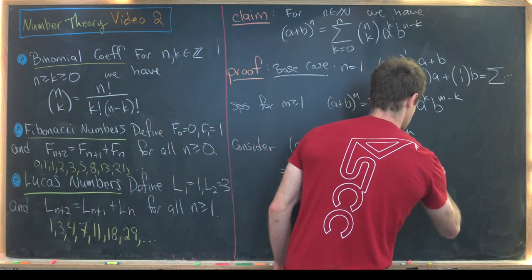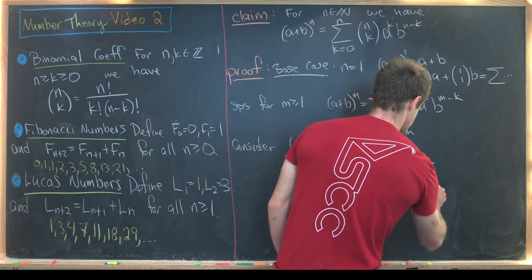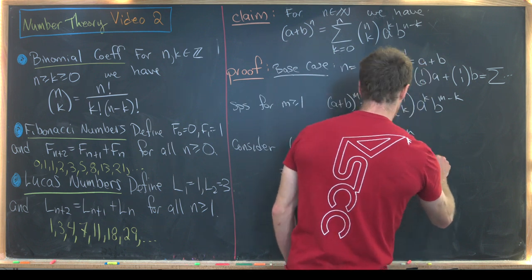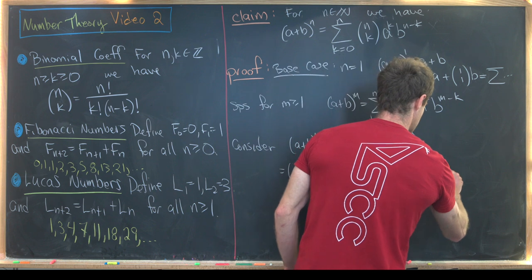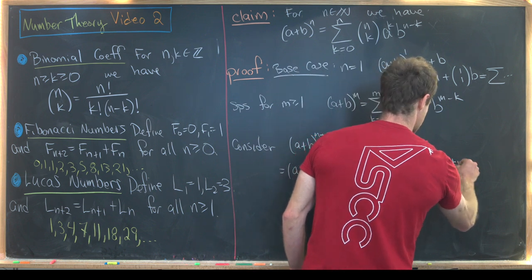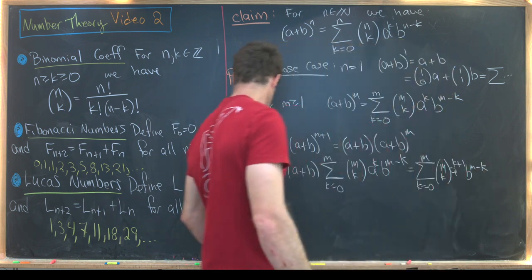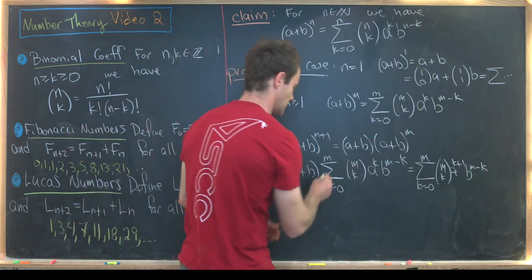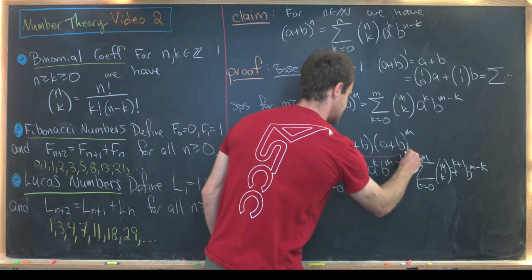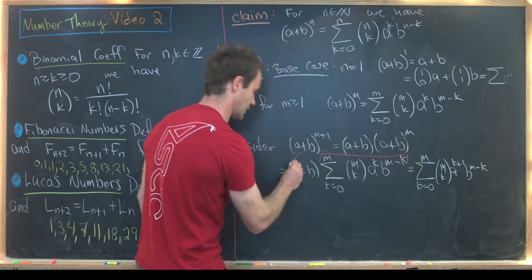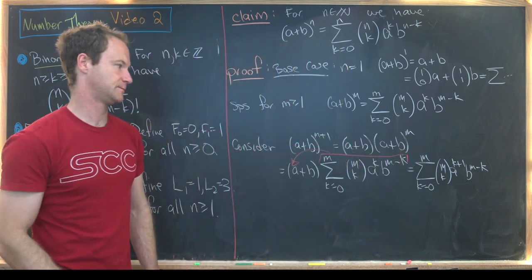So that's going to give us two sums. So we'll have the sum as k goes from 0 up to m of m choose k, a to the k plus 1, b to the m minus k. So let's just notice that that is taking this sum and multiplying it onto this a term.